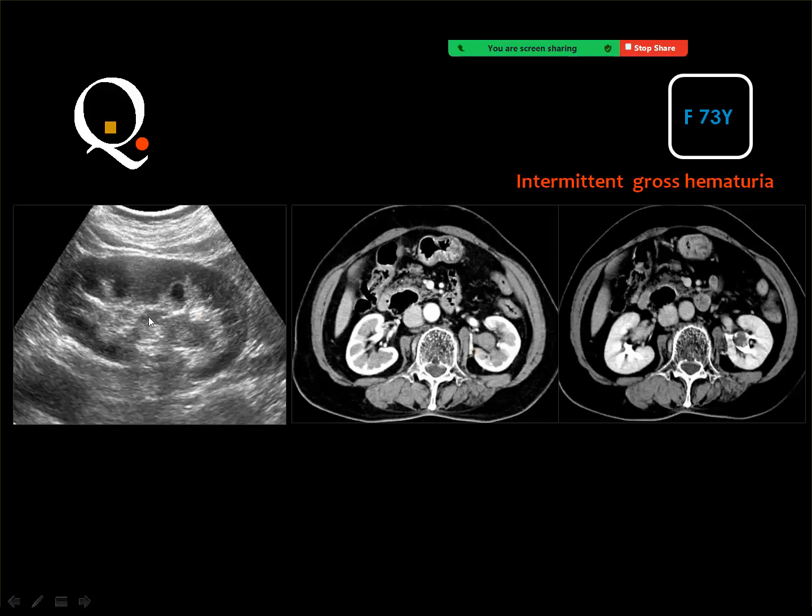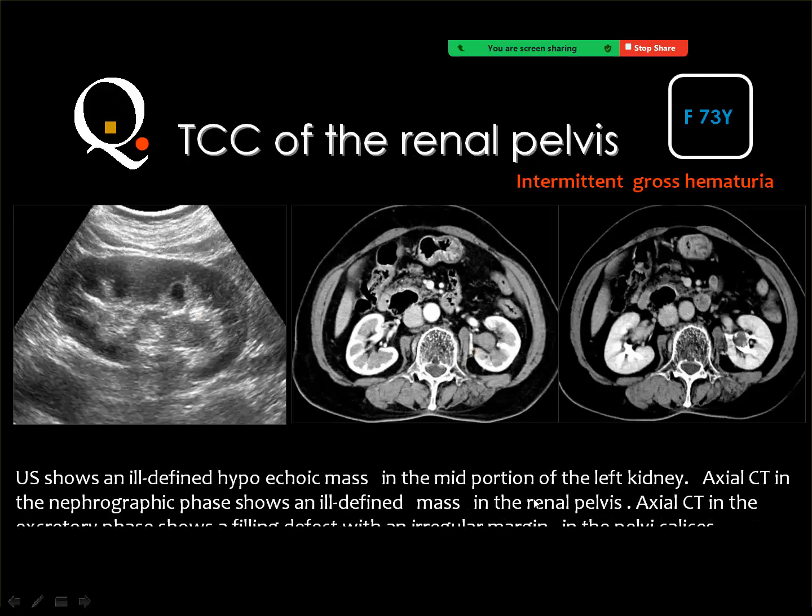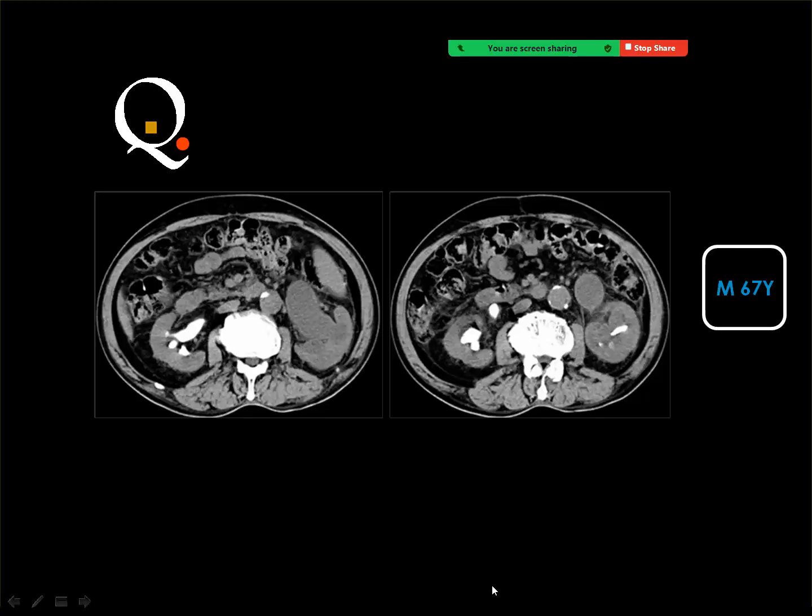Because in the ultrasound you do not see the acoustic shadowing of the stone. Why is this not a blood clot? Because in the ultrasound you know that blood clots are echogenic. Then the diagnosis is transitional cell carcinoma of the renal pelvis. And here, two scans of the kidneys without contrast.